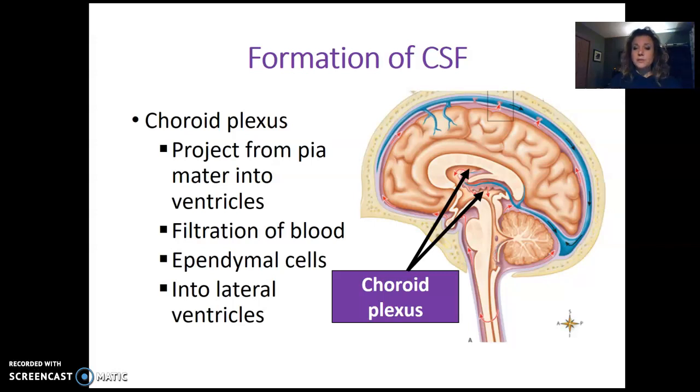The blood that runs through these capillaries is pushed out of the capillaries and through the ependymal cells, which, if you recall, are a type of neuroglia. And then the filtrate goes into the lateral ventricles.